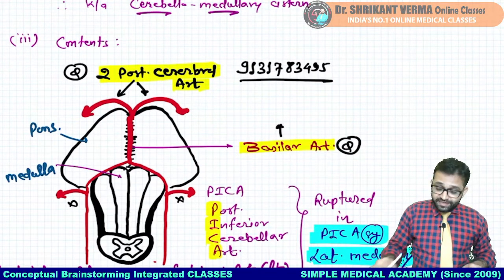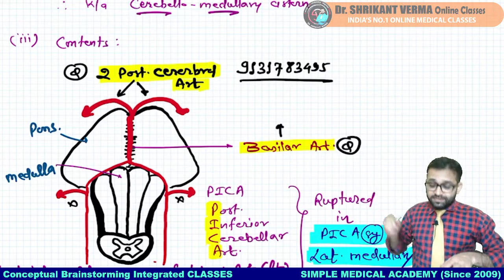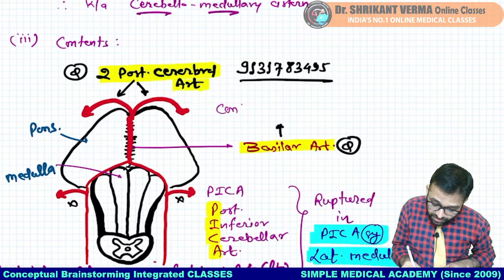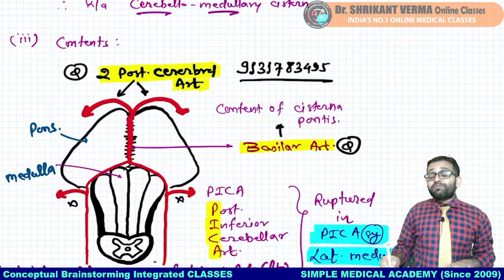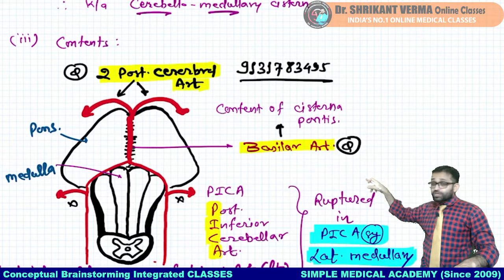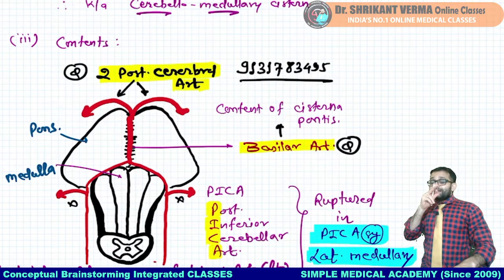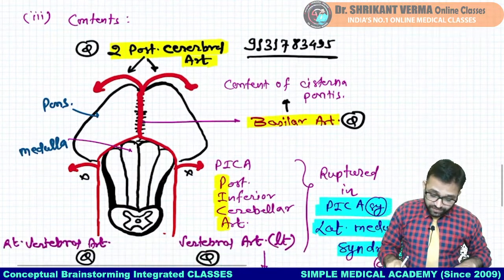If you are getting blood in the cisterna pontis, it is the content of cisterna pontis. If you are getting the blood, the clot, the rupture of any artery in the cisterna pontis, that means it is the rupture of the basilar artery. So these are our different points.